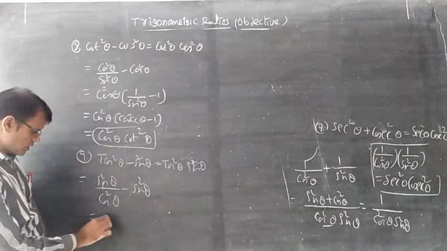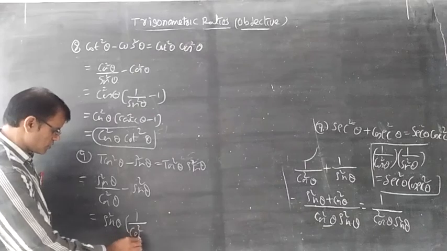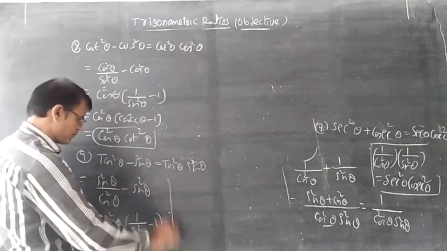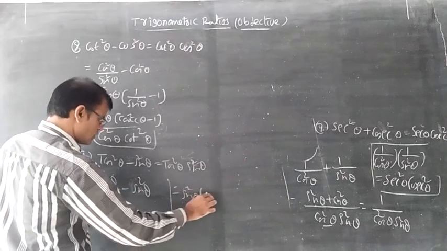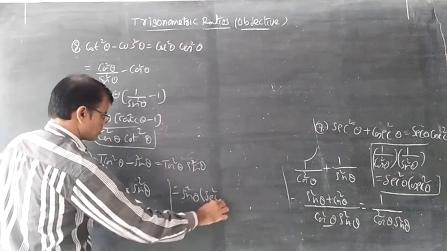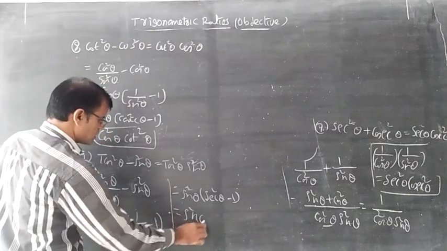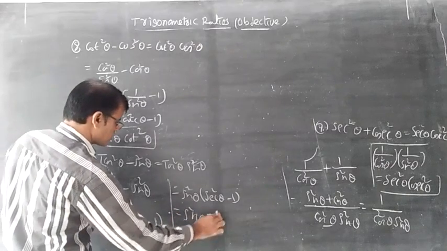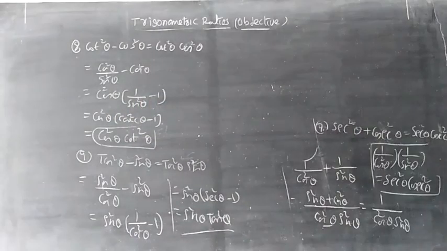That is equal to sin square theta, take common, 1 by cos square theta minus 1. That is equal to sin square theta into, 1 by cos square theta can be understood as secant square theta, minus 1. Sin square theta into secant square theta minus 1 gives tan square theta.